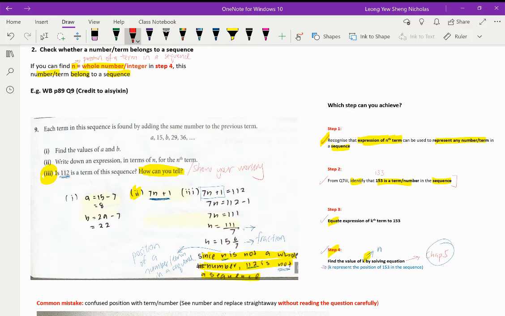By writing this statement down, it tells me that you understood that this n represents a position of a number in a sequence, and in order for it to be a position in a sequence, this n must be a whole number.